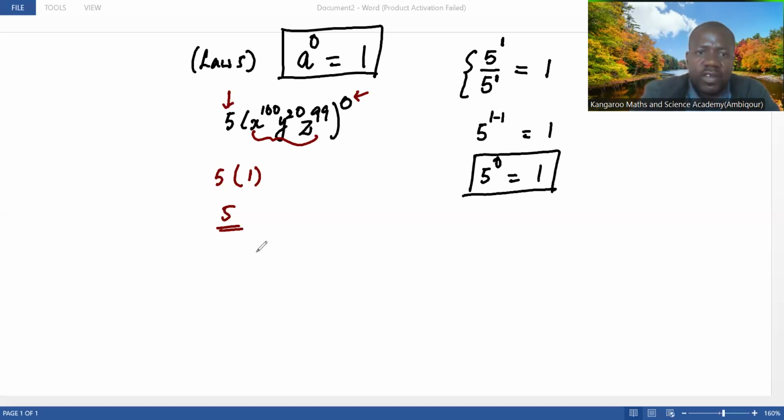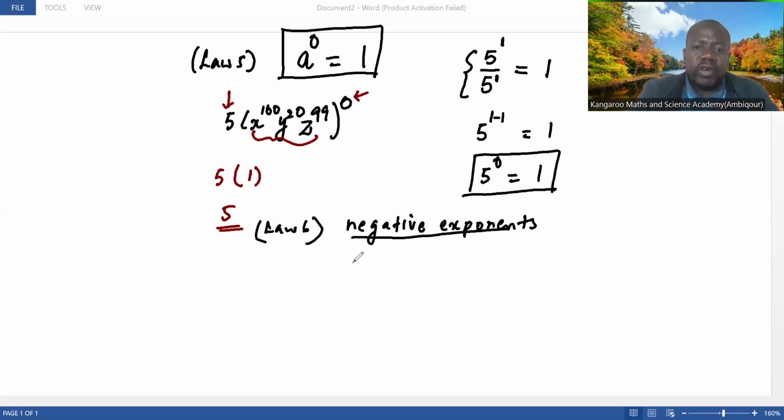Then in terms of the laws, I'll just address the ones that are very important. Let me call it law 6, when you're dealing with negative exponents. Imagine we have a raised to the power of negative x.